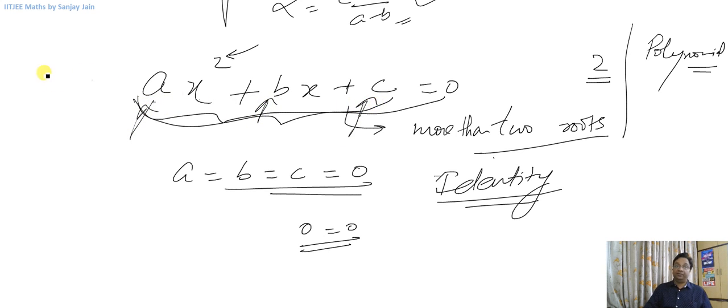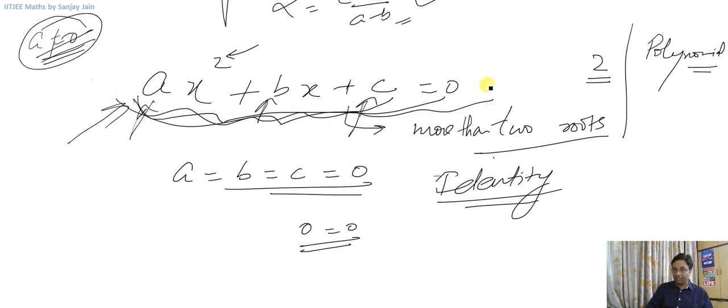We have already discussed in case of a quadratic equation that a should not be equal to 0, so it will not be written as a quadratic equation. If this kind of an equation is written and it is said that it has got more than two roots, then you can simply say that a is equal to b is equal to c is equal to 0. That is, the coefficients of x square, x and the constant term are all zeros.